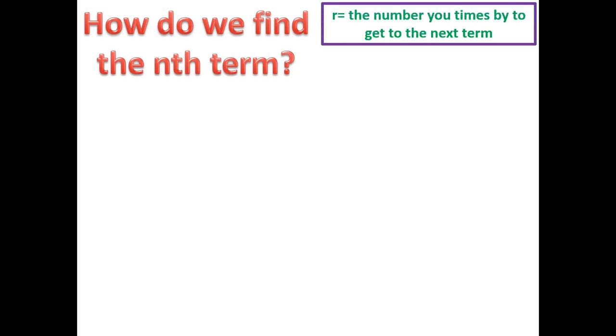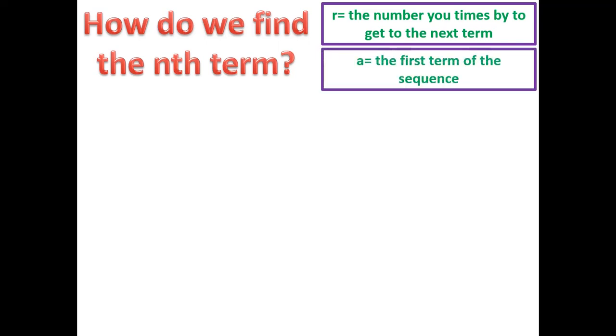Here we represent r as the number you multiply by to get to the next term. And of course, a is the first term of the sequence. I'll repeat, r is the number you multiply by to get to the next term.